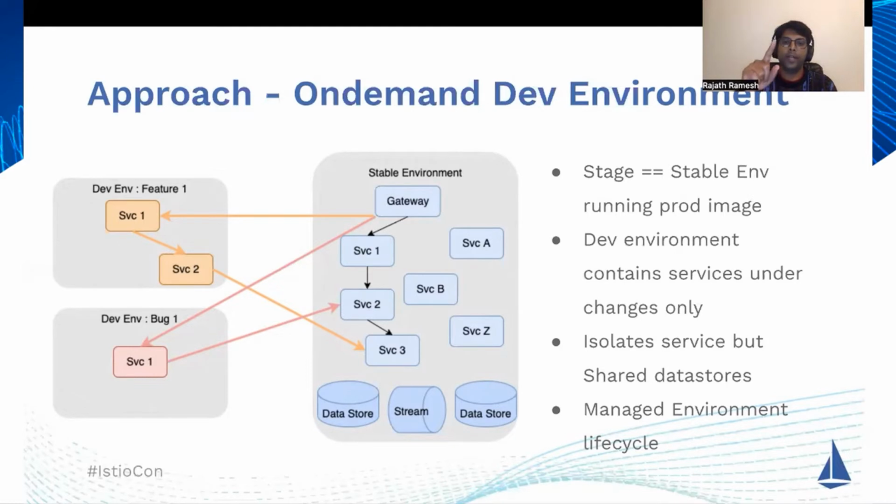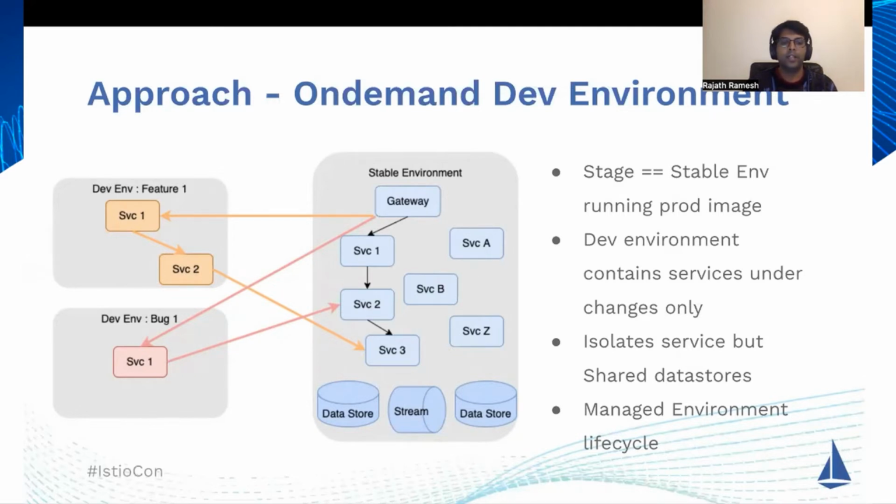the request is made to the stable environment with the identifier of an environment. In this case, the request lands on the gateway with the identifier of the feature one environment. So the gateway should intelligently route the request to service one in the feature one environment instead of the stable environment.